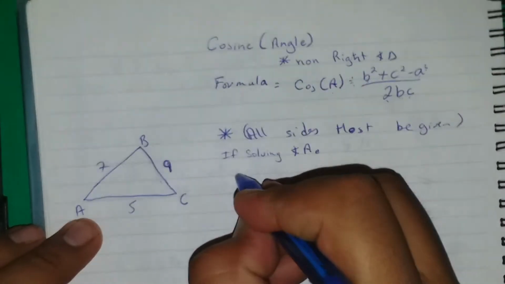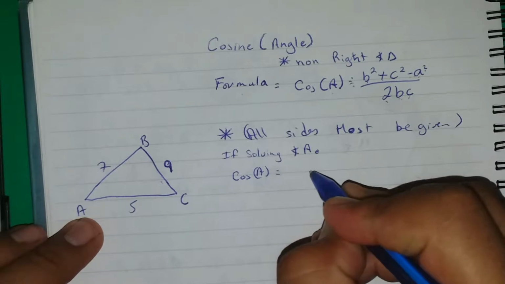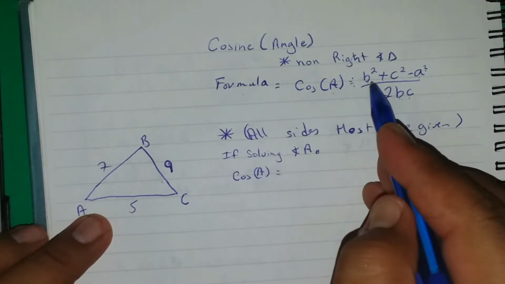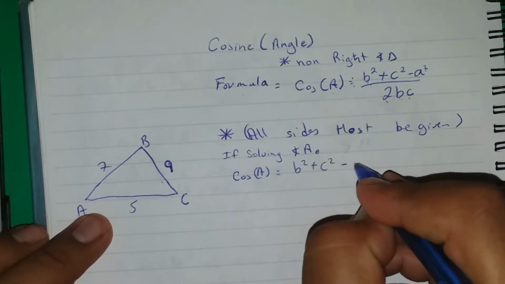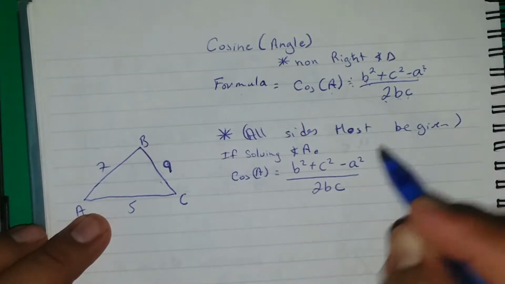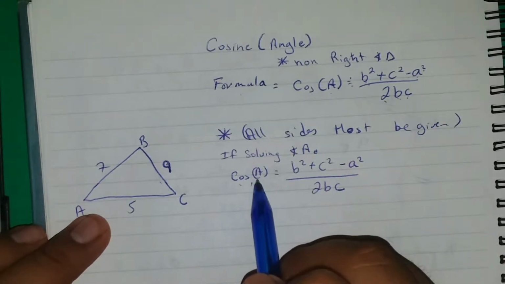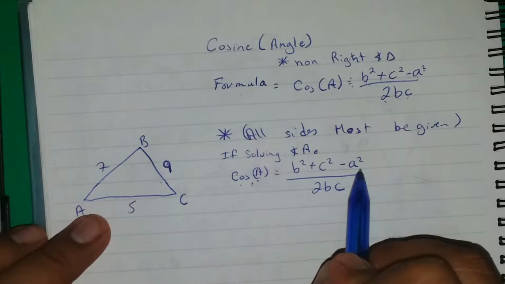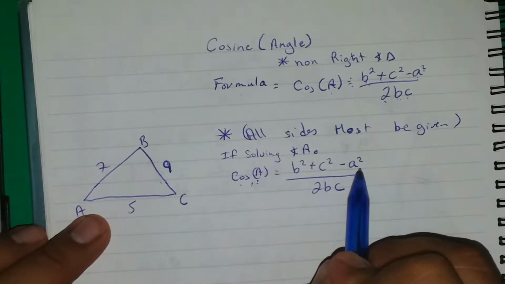That's going to be cosine of angle A equals B squared plus C squared minus A squared over 2BC. Notice that if you're solving for angle A, then you subtract that same side.